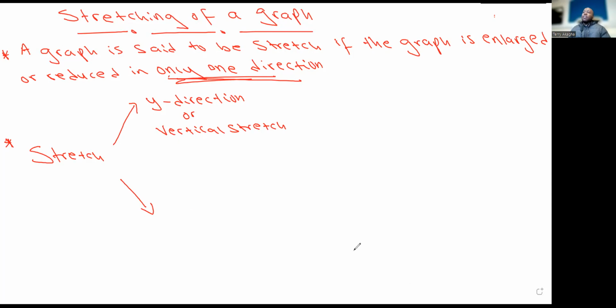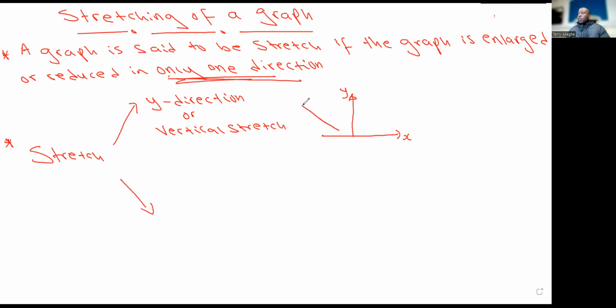Now for the vertical stretch, what it means is that the stretch is in the y direction. For instance, if you have this graph, this is the x-axis, and this is the y-axis, and the graph we had initially was this. Let me draw a better one.